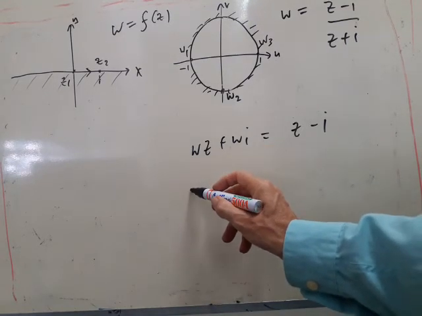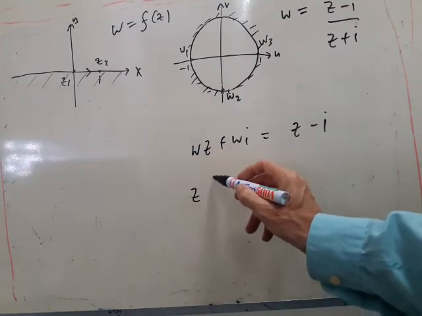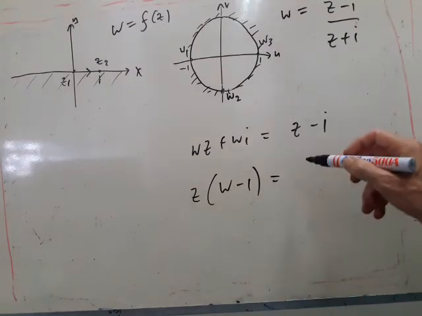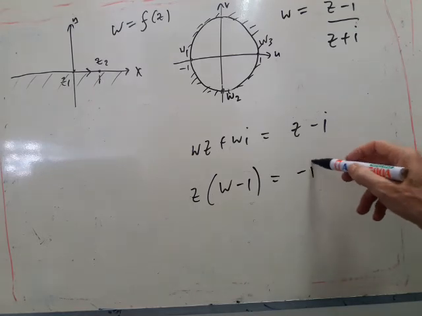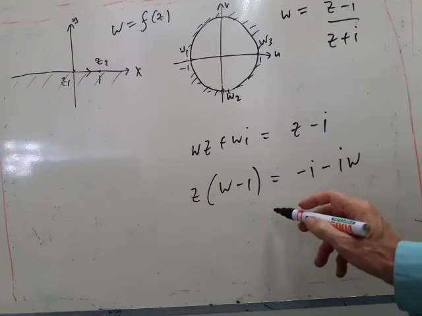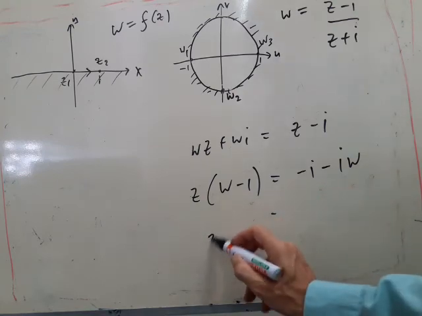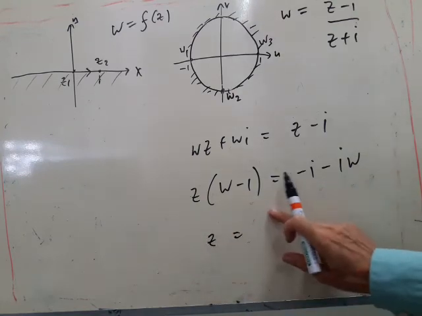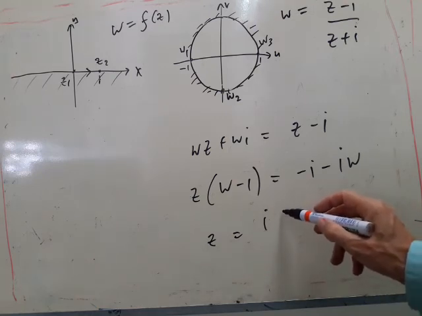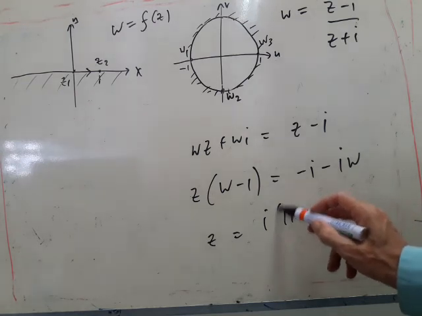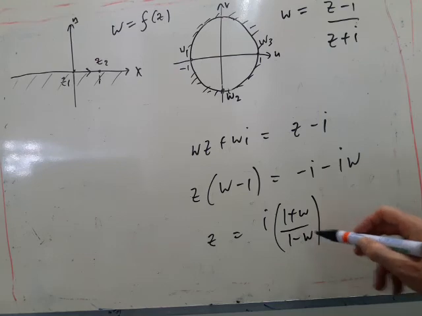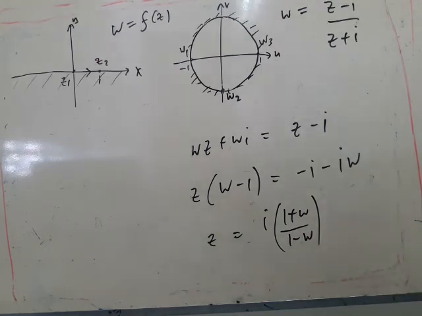So we've got z times w minus 1 equals minus i minus iw. Therefore z is equal to, taking out a factor of i, i times 1 plus w on the top and 1 minus w on the bottom.